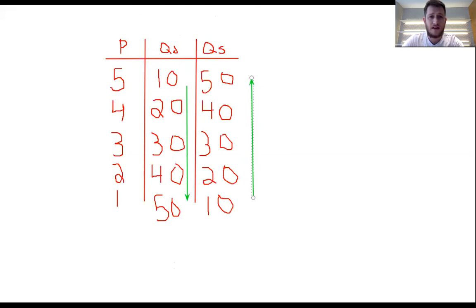So as price goes down, quantity demanded goes up.